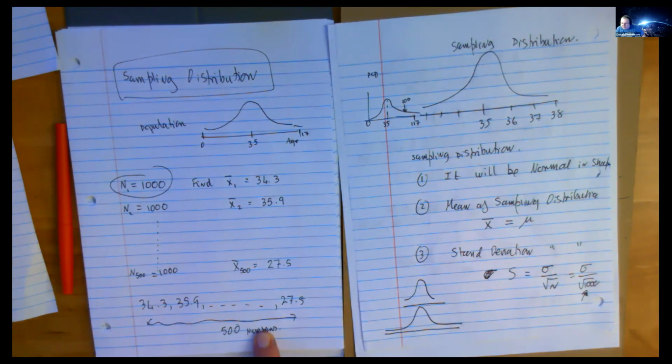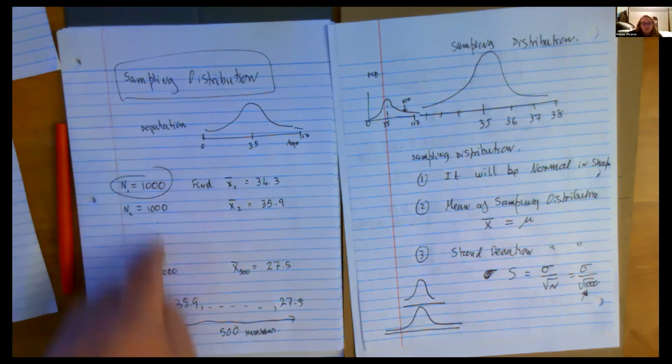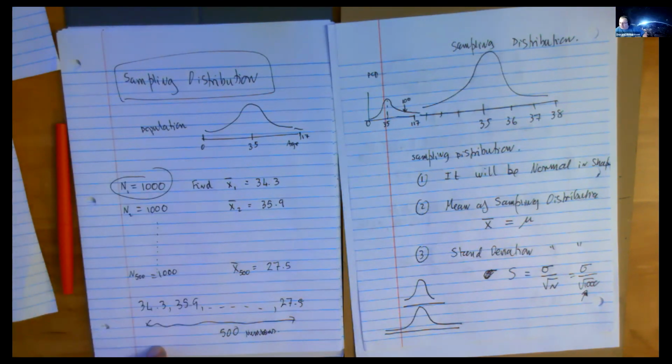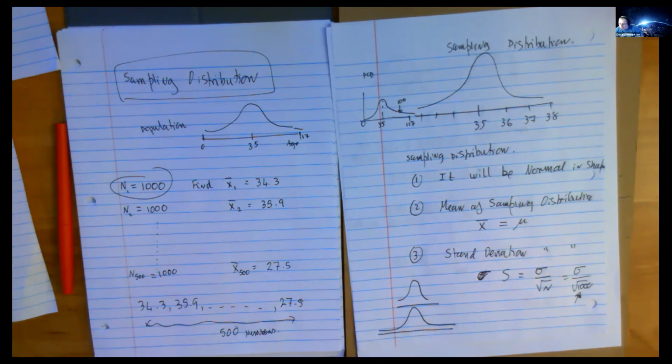This 500 doesn't have a name, right? And doesn't get used. Because I couldn't have done this 50 times or 4 billion times, right? But each sample is 1,000. So the 1,000 goes here. The n is the sample size for just one sample. What would you do if you had multiple different samples, but they were different numbers, like different sizes? The good question is you don't get that.